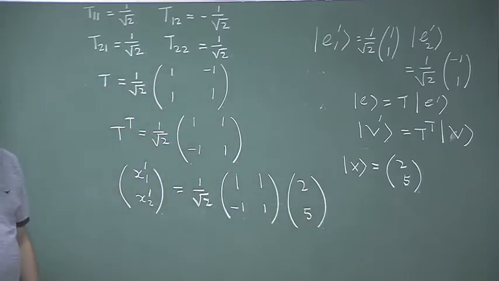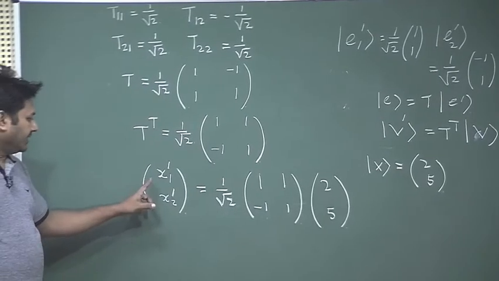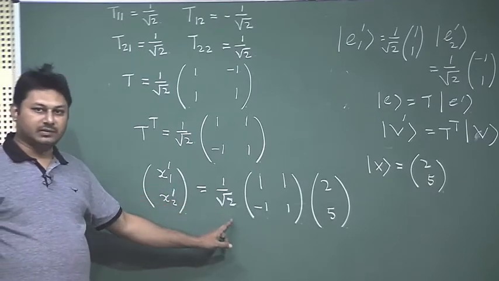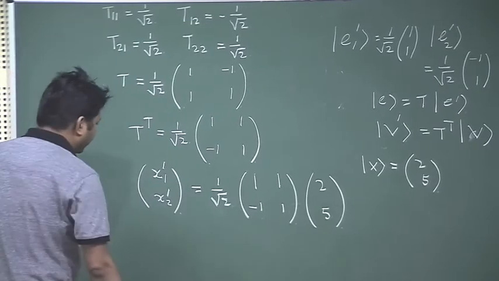Fine, so I have almost done the part. So I just need to figure out what x1 and x2 are by solving this. So let us solve and find out whether what I am getting is the correct thing or not.